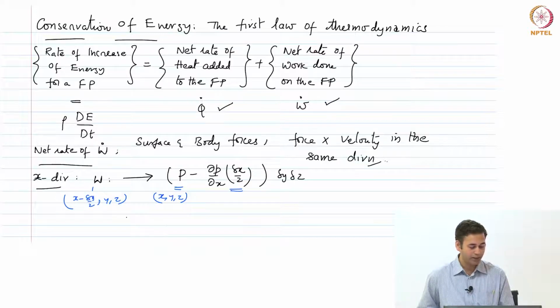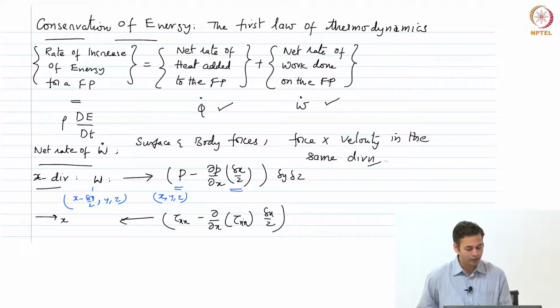And then we had another force acting on the west face, that was tau xx, and it was acting in the negative x direction, if I consider x to be positive in this direction, and this was tau xx minus partial x tau xx times delta x by 2. Multiplying this with delta y delta z would give me the force acting in the x direction on the west face.